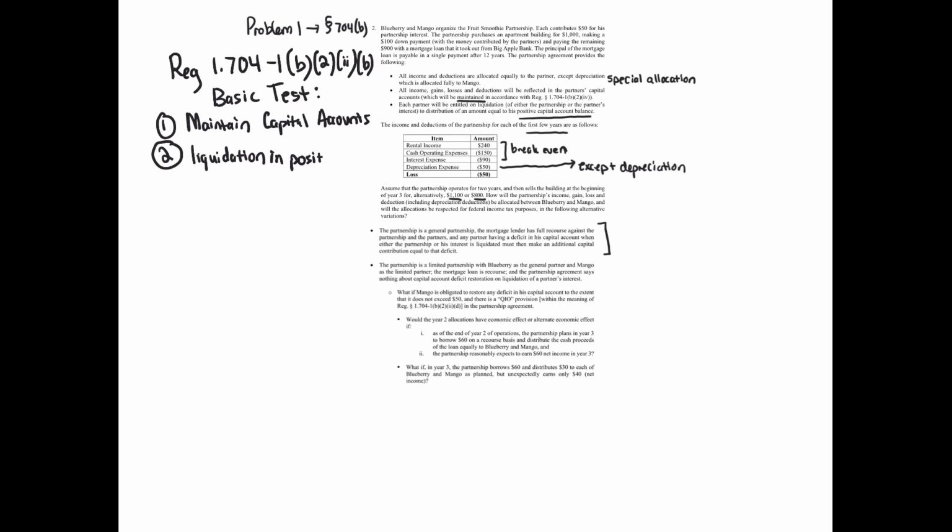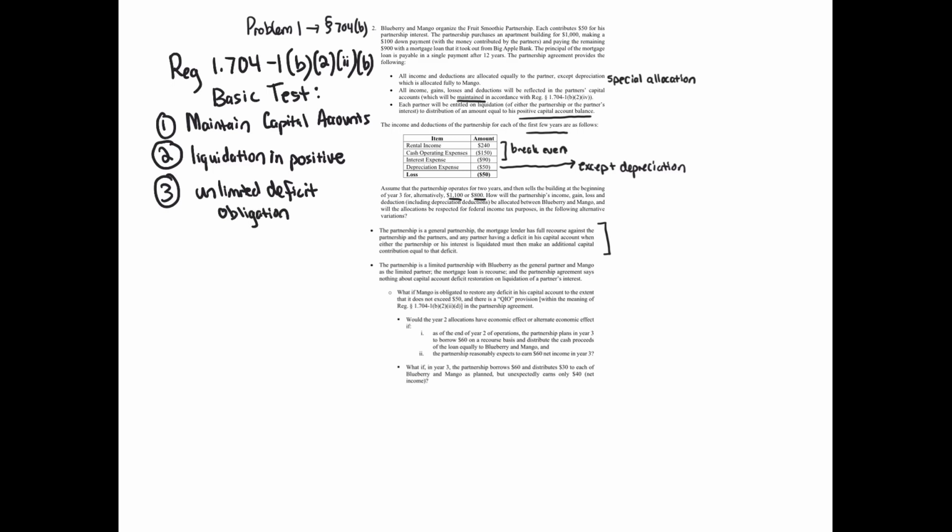We're told in the problem they do that. And number 3, they've got an unlimited deficit restoration. So all 3 of these things we're told. Let's call it an unlimited deficit obligation.